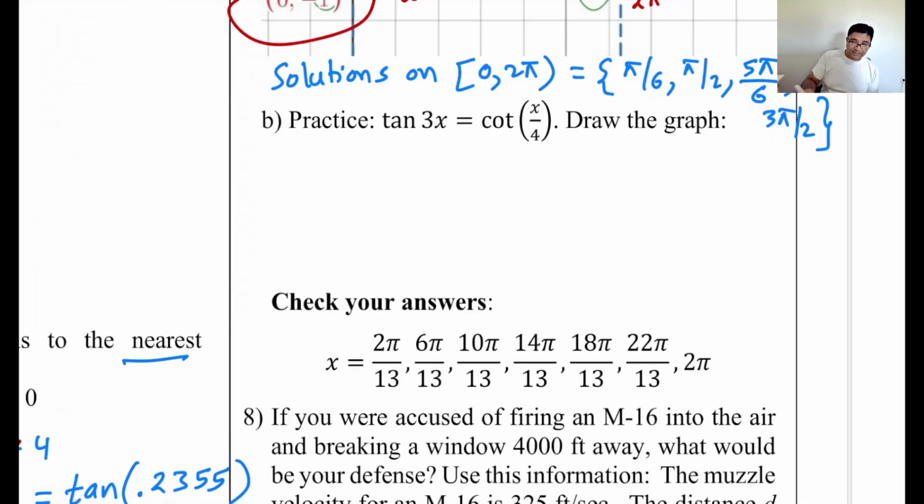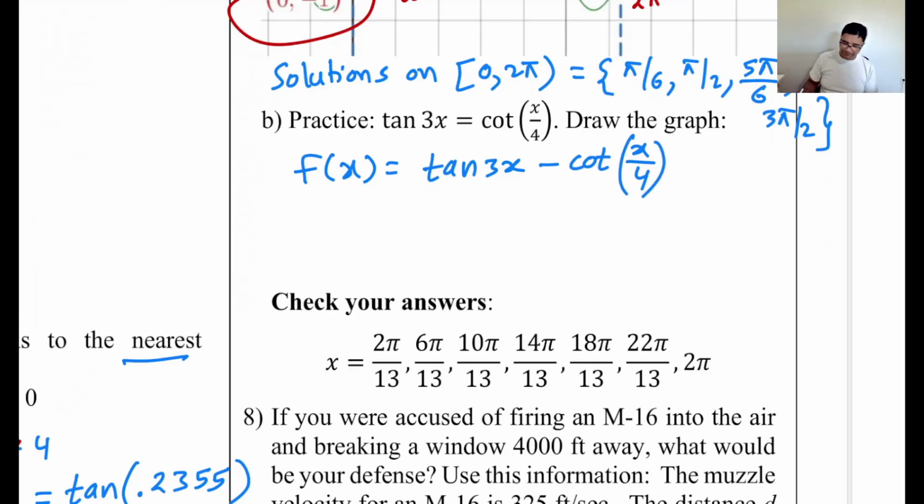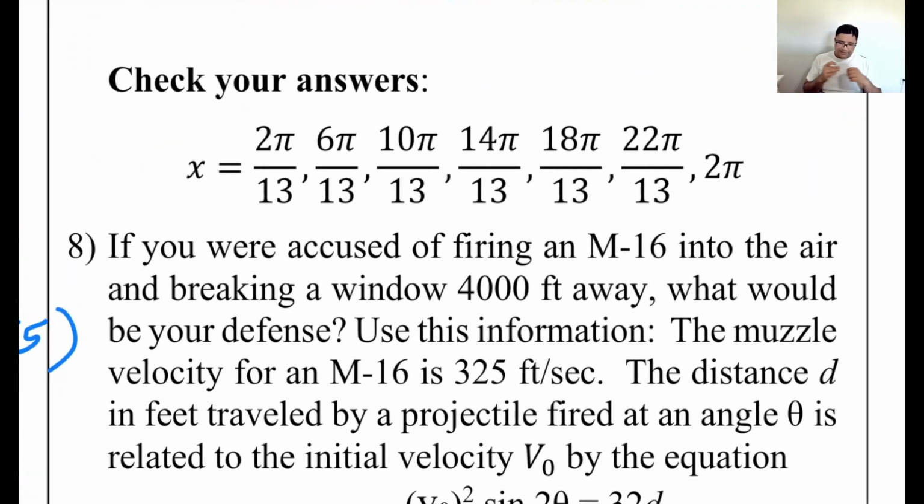What you do is on that tool, plot the function, bring that to the left side and plot tan 3x minus cot x over 4. Then look for the points on the x-axis where that graph intersects. If you look in the range 0 to 2 pi, you will find these answers.